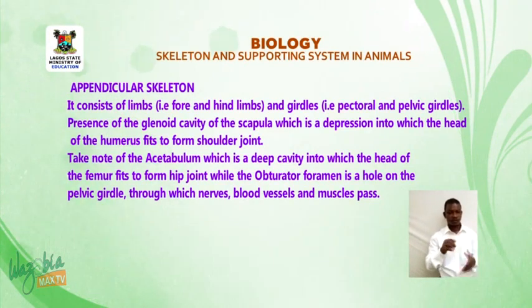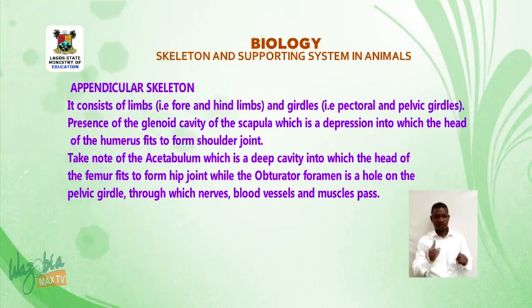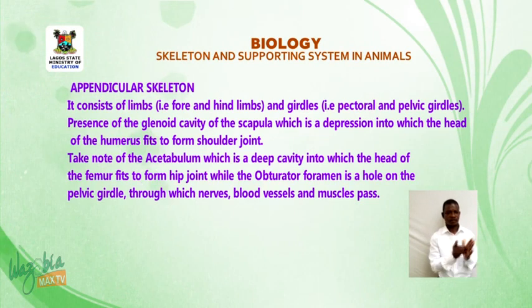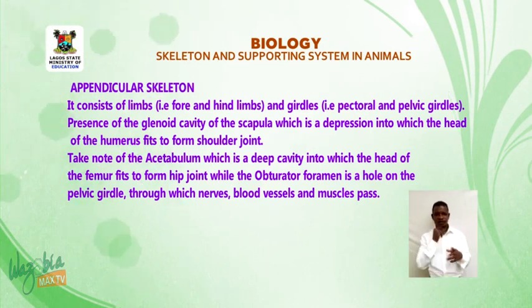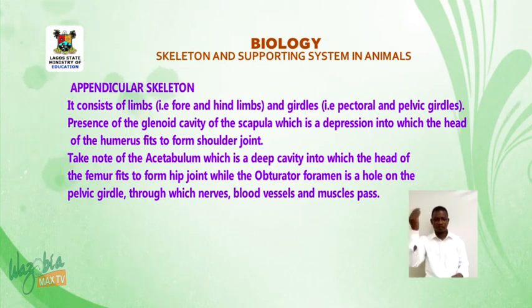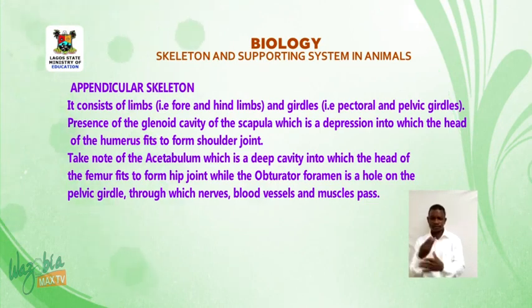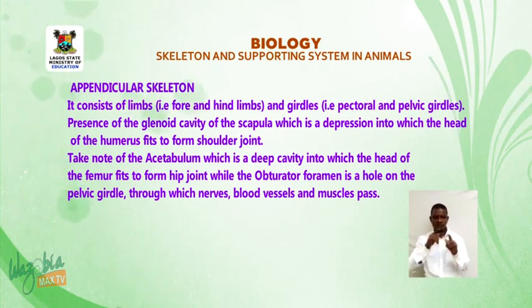Appendicular skeleton. It consists of limbs, that is fore and hind limbs, and girdles, that is pectoral and pelvic girdles. Presence of the glenoid cavity of the scapula, which is a depression into which the head of the humerus fits to form shoulder joint.